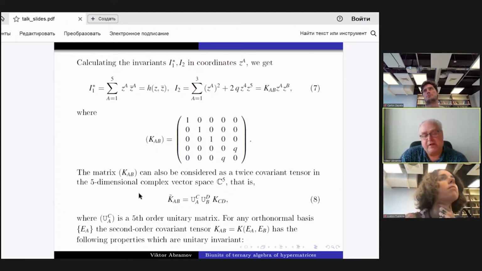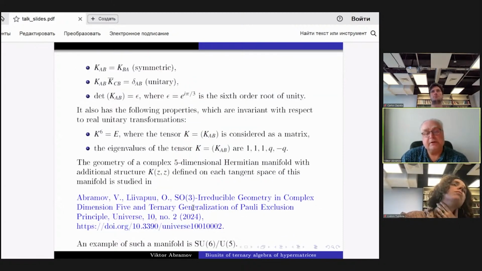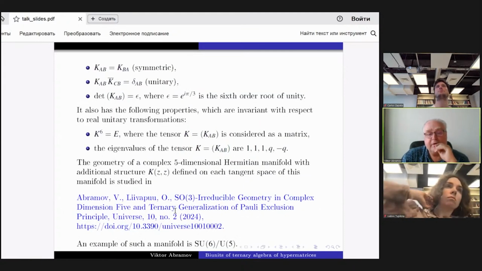As a tensor in a 5-dimensional complex vector space where I have unitary transformations, because I have a Hermitian metric and I can reduce the whole group of non-degenerate transformations to unitary transformations. It transforms like this, and I studied the property of this invariant, and we wrote a paper, published a paper.